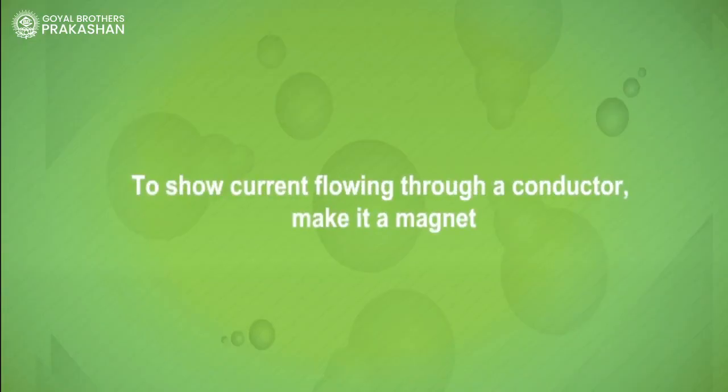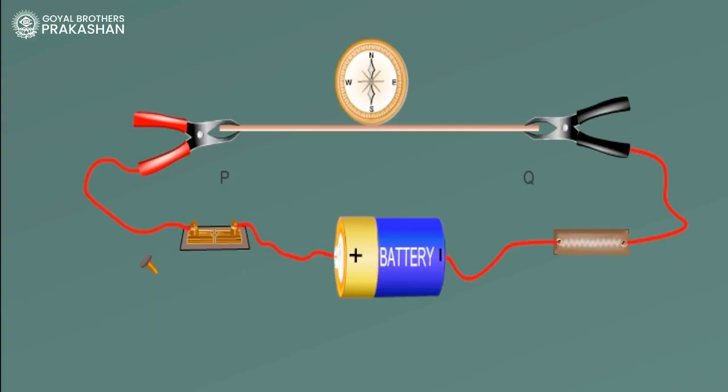To show that current flowing through a conductor makes it a magnet, take a straight and thick copper wire PQ and connect it in series to a battery through a plug key and a 2 ohm resistor. Place a magnetic compass near the copper wire PQ and note the direction in which its north pole is pointing.